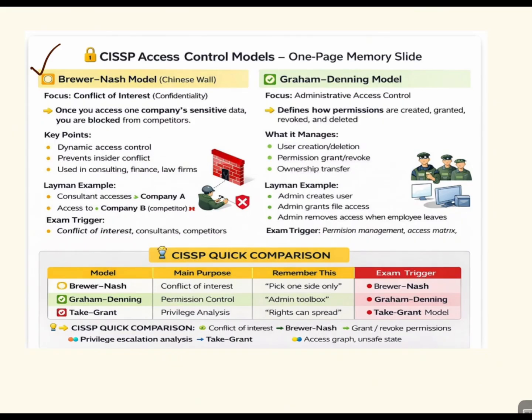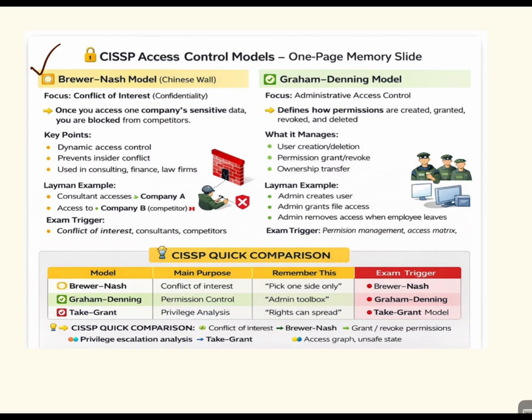So there are proper rules and proper controls in place before you perform any change. It also addresses integrity, but at the business level, right? So the Brewer-Nash model ensures against conflict of interest, as we have discussed thoroughly.